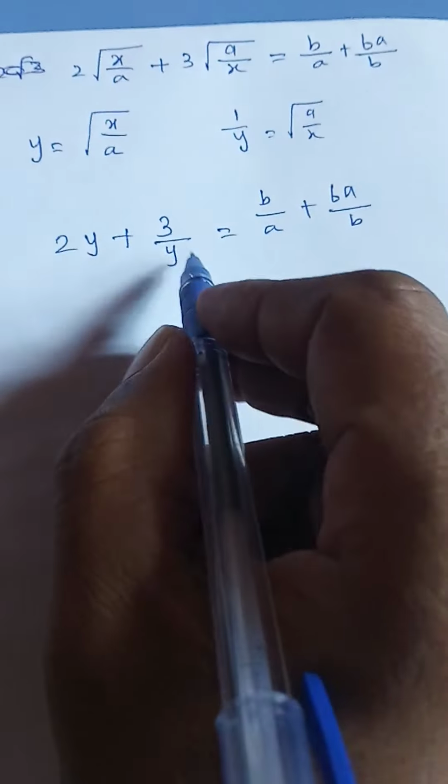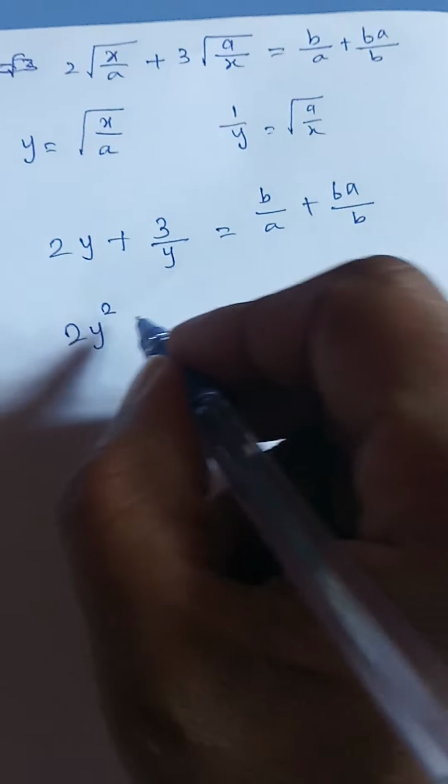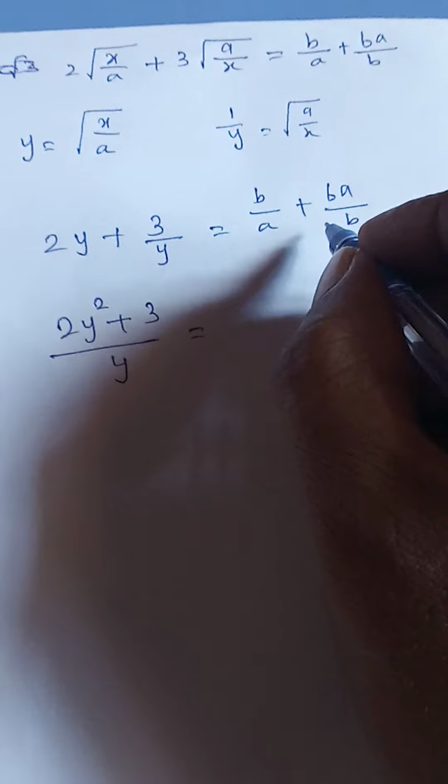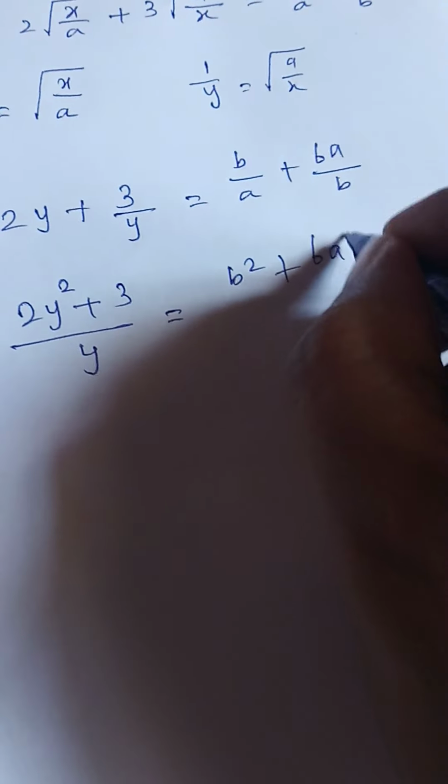Okay, cross multiplication. On the left side, 2y square plus 3 divided by y; on the right side, b into b, b square plus a into 6a, 6a square, divided by ab.